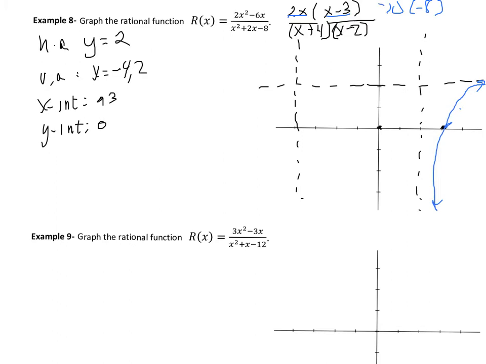So up top we have negative 80. Bottom: negative 5 plus 4 is negative 1. Negative 5 minus 2 is negative 7. So we get 80 over 7, or we get 10 and some change, or 11 and some change. So we're way up here. That's what that part's going to look like.